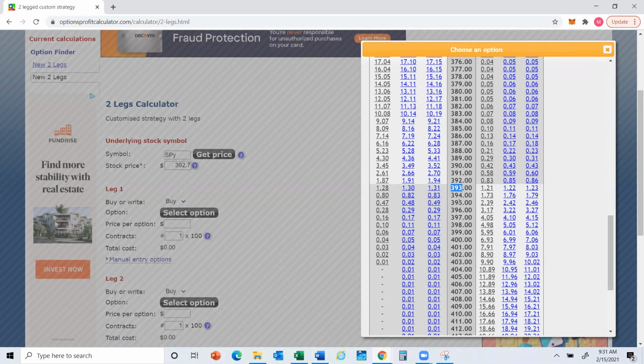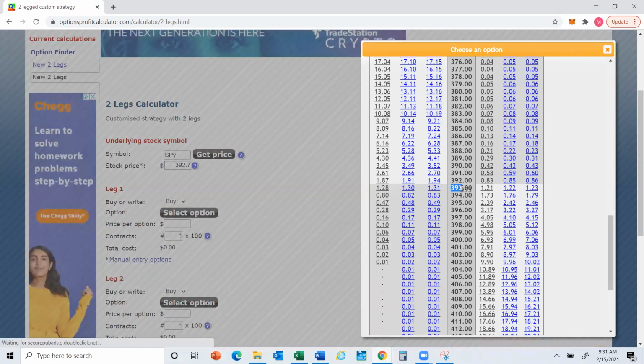And then if I know that the SPX is going to close $10 above the SPY, or I think it is, then what I'm actually going to do is I'm going to sell 393 SPY, and then I'm going to buy the cheaper 3940 SPX.